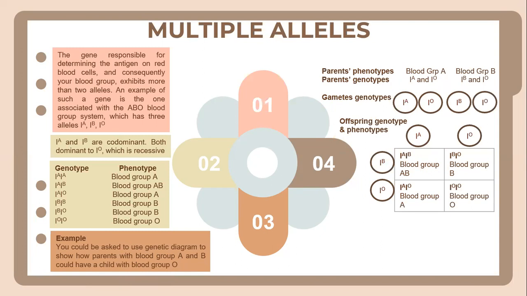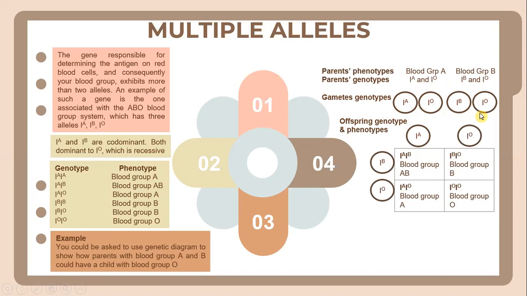You might have the parents' phenotype, which is blood group A and blood group B. And for the parents' genotype, you might write it as I^A I^O and I^B I^O. When it comes to the gamete genotypes, you might draw it like this, in circles: I^A, I^O, I^B, I^O.